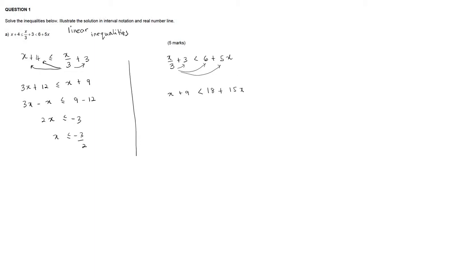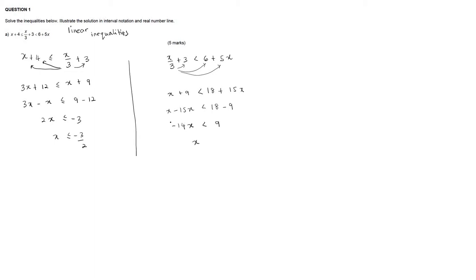Okay, and then we can put terms with x on the left. We can move all terms with x to the left and terms without x to the right. So x minus 15x less than 18 minus 9. So 1 minus 15 is negative 14x less than 18 minus 9, 9.